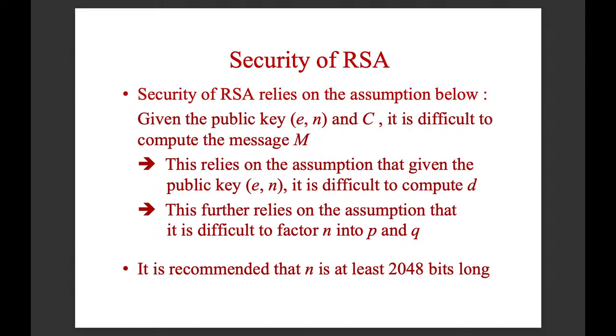So why is RSA considered to be safe, and what is the reason? If the reason is no longer true, then RSA will break down. This part will not appear in the exam, so don't worry.